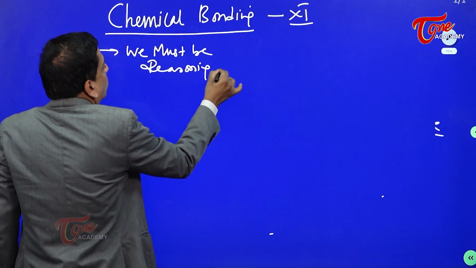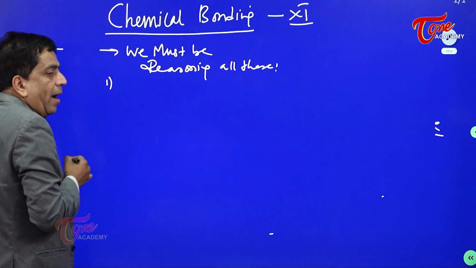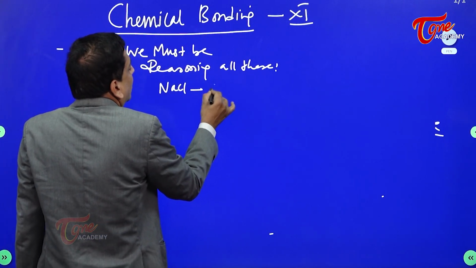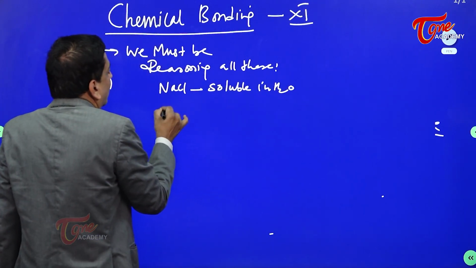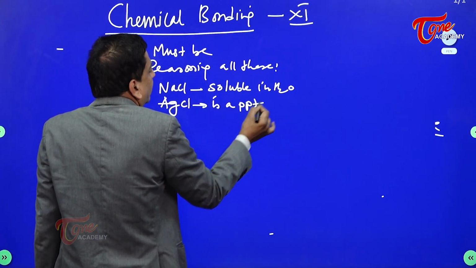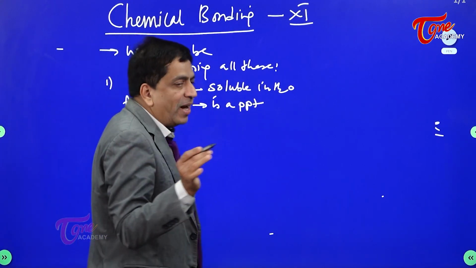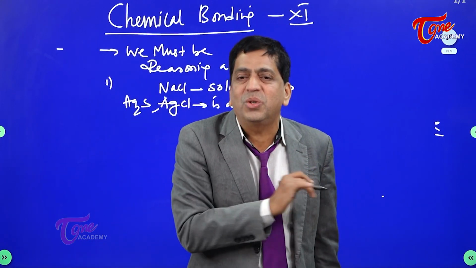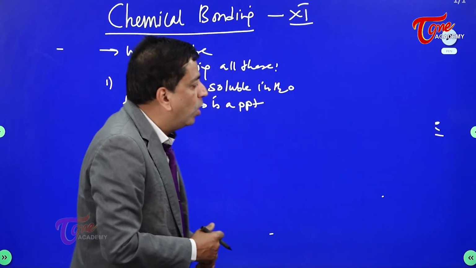One, NaCl is soluble in water, AgCl is a precipitate. AgCl and Ag2S, in fact, both are precipitates. Being branded as ionic compounds, but still, one is a precipitate, the other is soluble in water. That's number one.